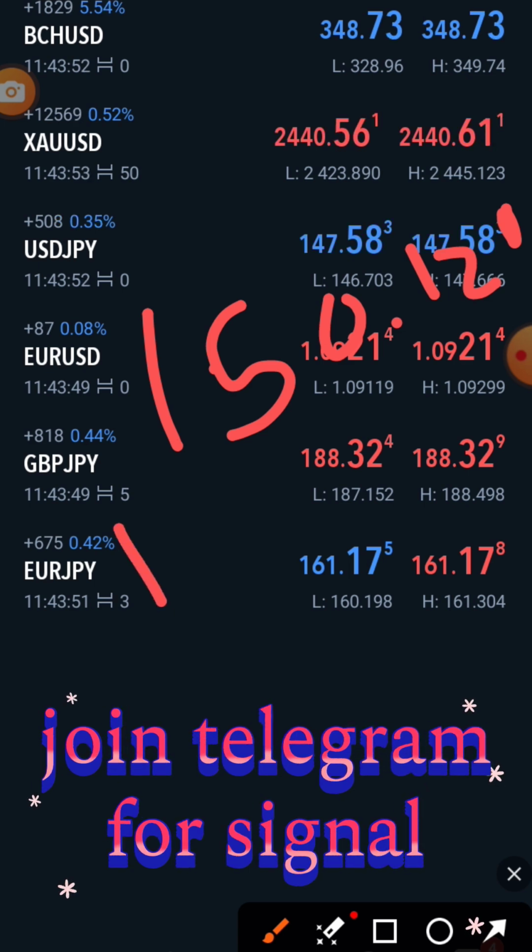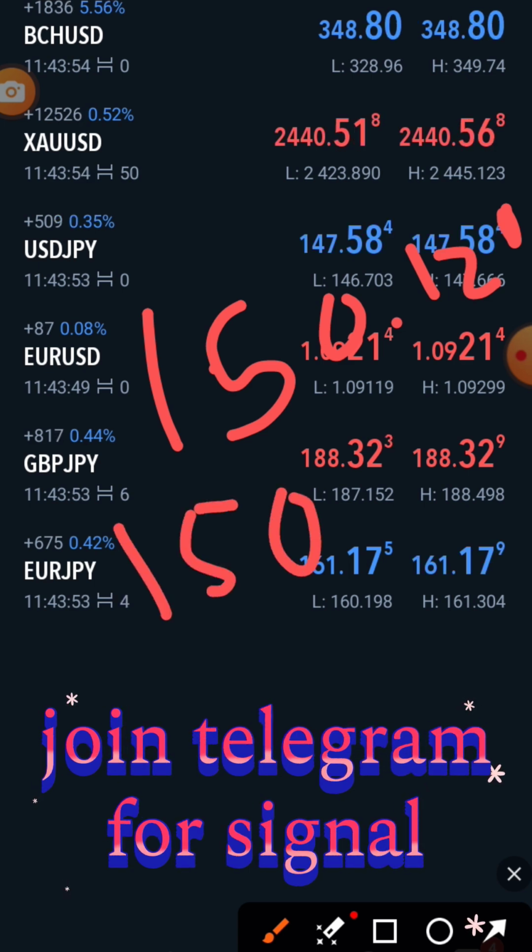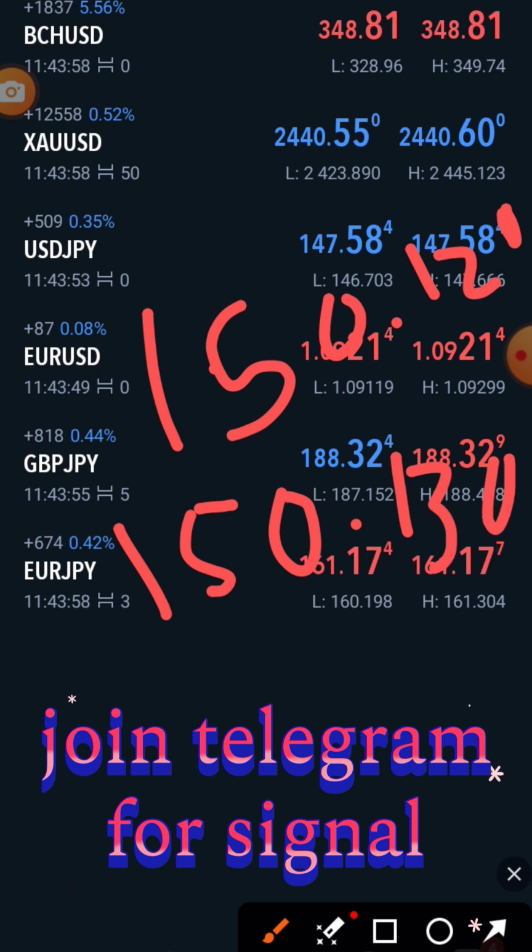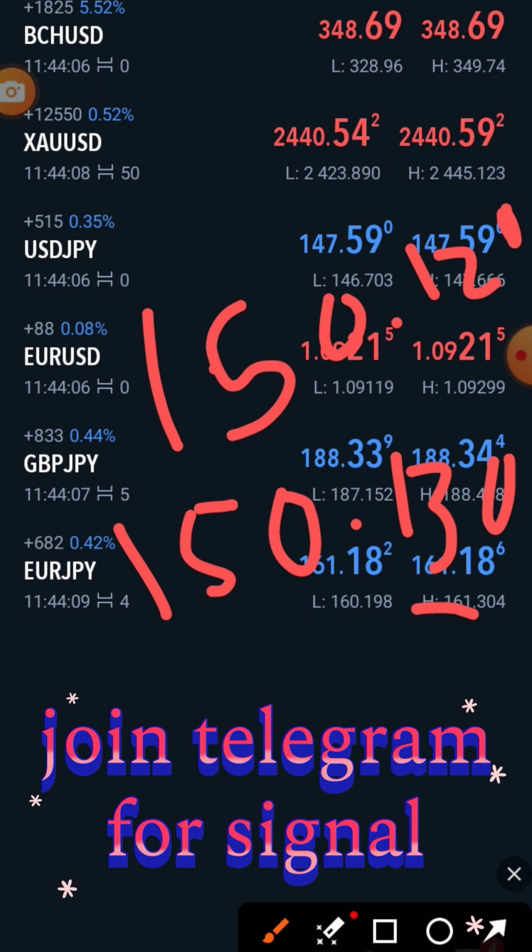After some time its price changes to 150.130. So here we will take the 3 digits after the decimal for calculating pips. Earlier was 120 and after that 130. So then we can say the price change in movement, or pip, is 10.